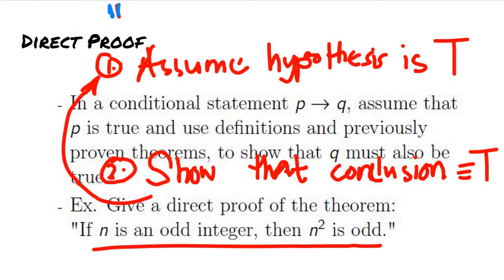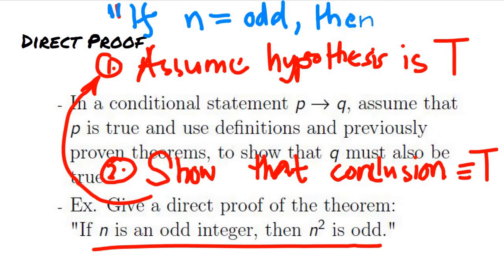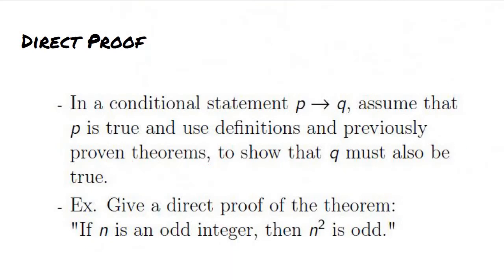If n is an odd integer, then n squared is also an odd integer. So given that problem, we can now go to the direct proof.